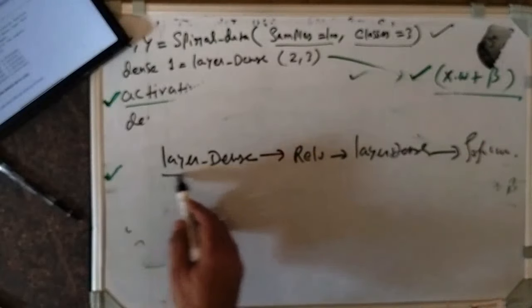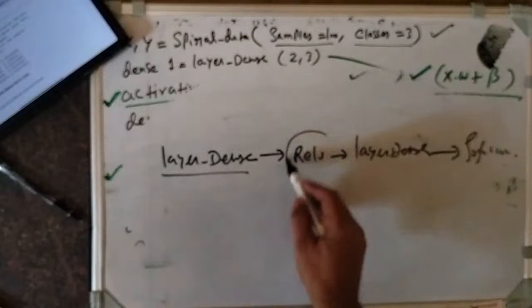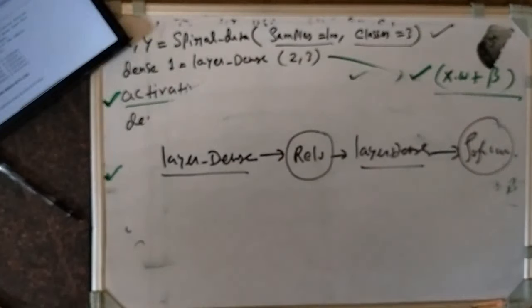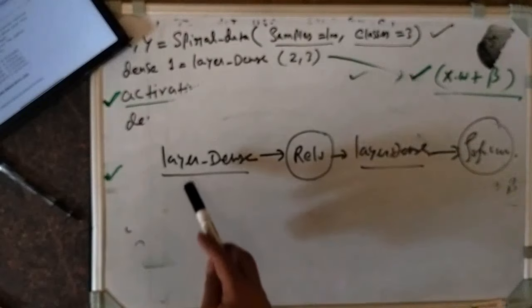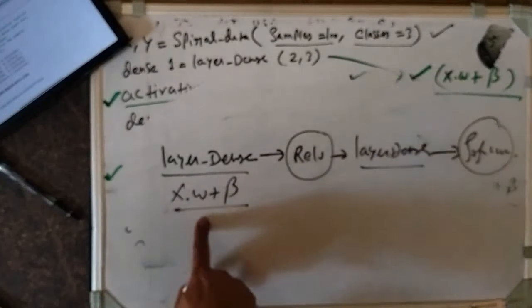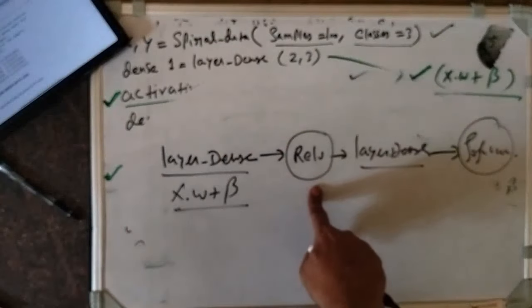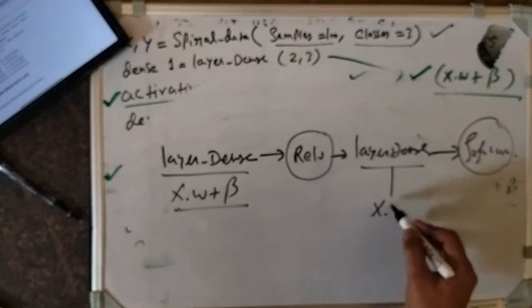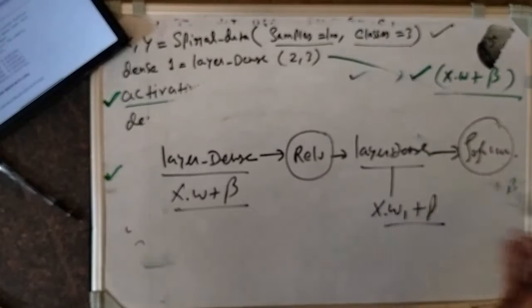So we are using layer Dense, then applying the ReLU, then again layer Dense, with another activation function. After this, x dot w plus b, then we use ReLU, then another layer, again the same. Whatever the output, then x dot w1 plus b, again we are using. So multiple times you can use. This we already explained.